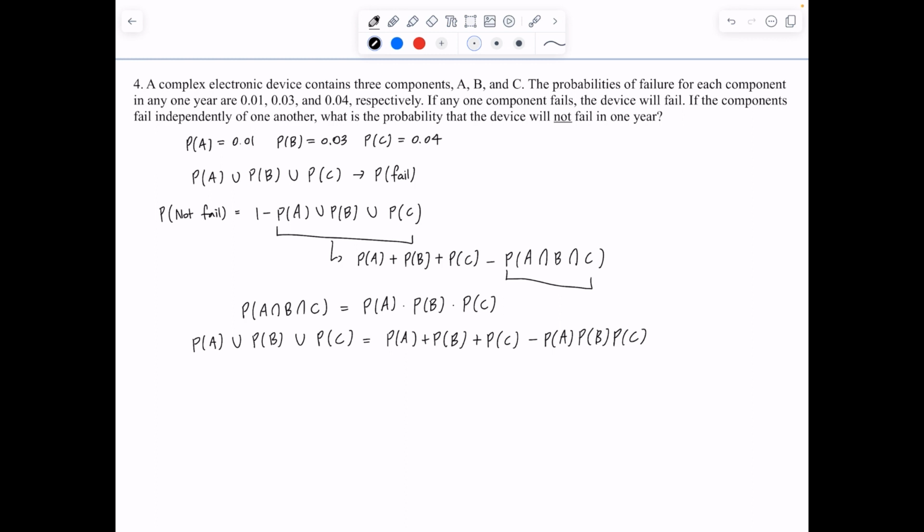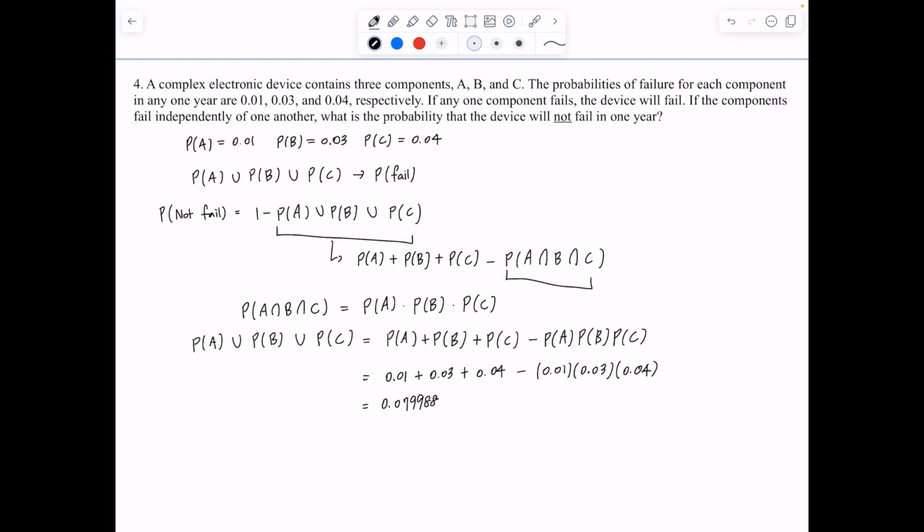Okay, and now we can just plug in the values. So it's 0.01. And this comes out to about 0.079988.